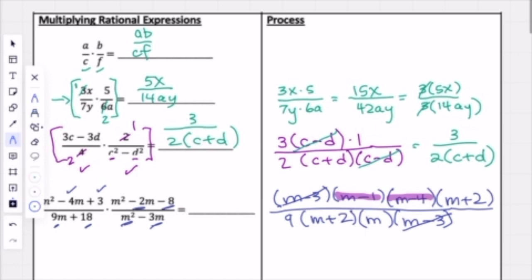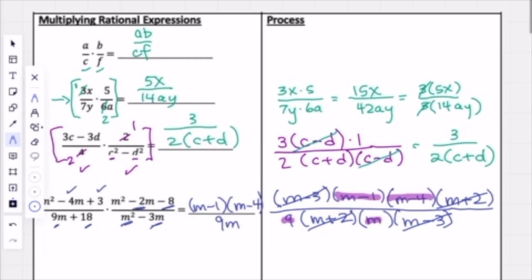But this m plus 2 definitely can divide with this m plus 2. And so now I'm left with these two things in the denominator. I would then just write my resulting rational expression. So I would have m minus 1 times m minus 4 in the numerator and 9m in the denominator.